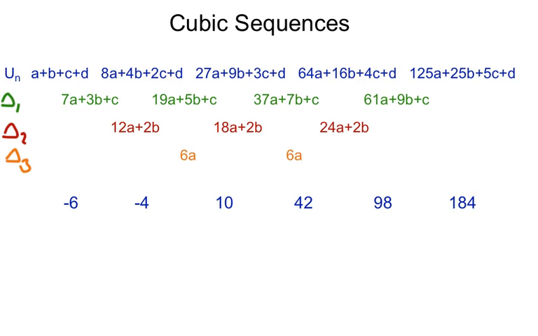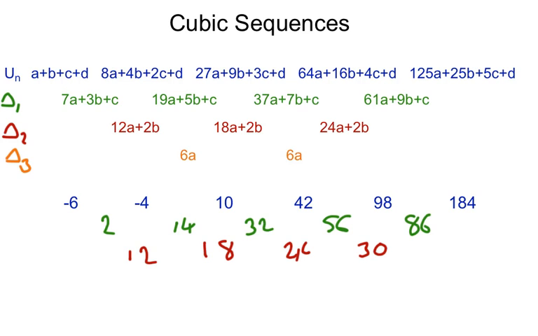So let's start off by finding the differences. It's 2, then 14, then 32, 56 and 86. The second differences are 12, 18, 24 and 30, and the third differences are 6, 6 and 6.